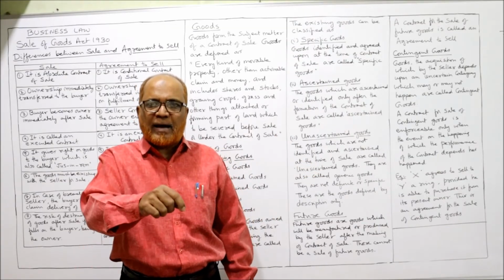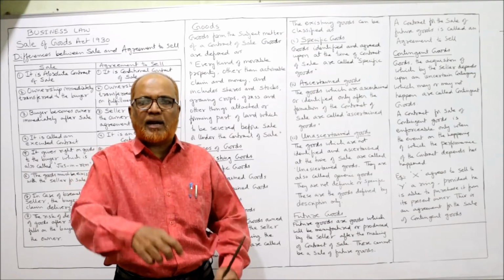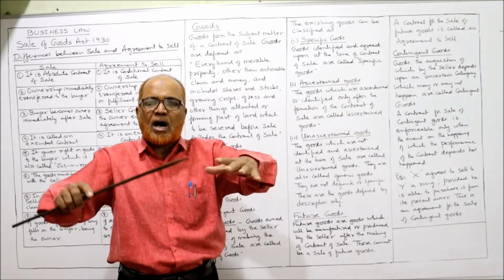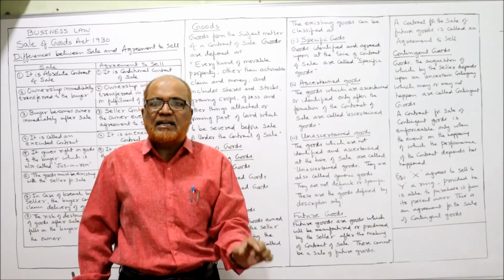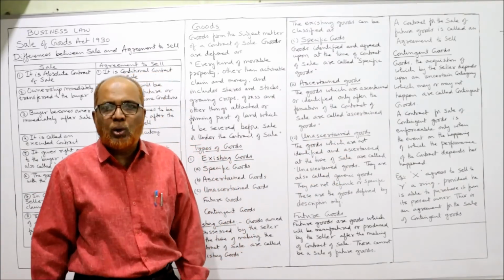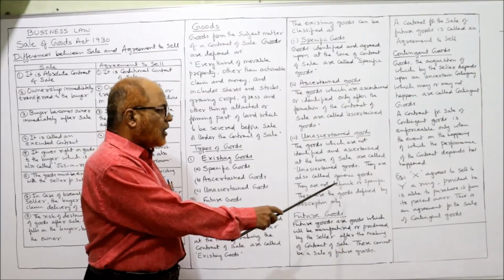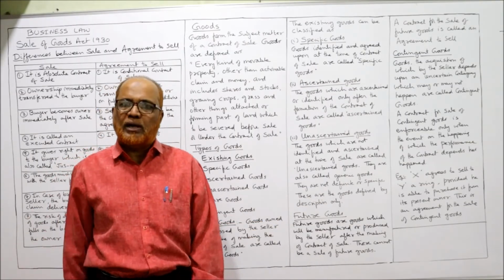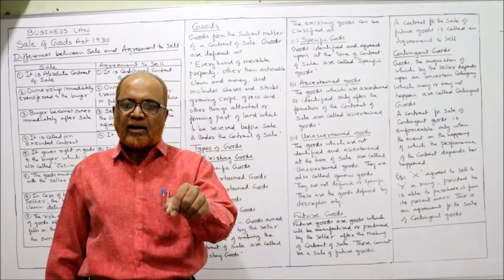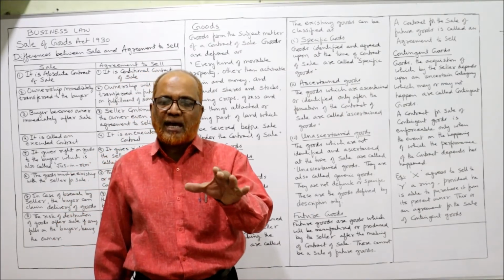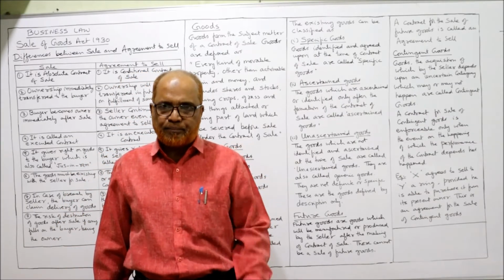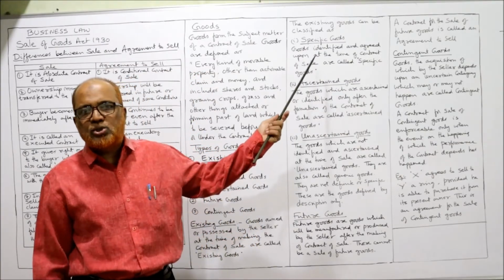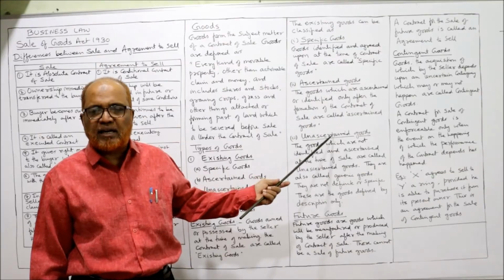So first the buyer pays the price, enters into the contract, and then identifies. Then the buyer and seller go to the mass of the goods, and there they identify which goods the buyer wants to purchase. They are not definite or specific. They are goods defined by description only. At the time of making the contract, only a description has been given by the buyer to the seller regarding the goods. So existing goods can be specific goods, ascertained goods, or unascertained goods.